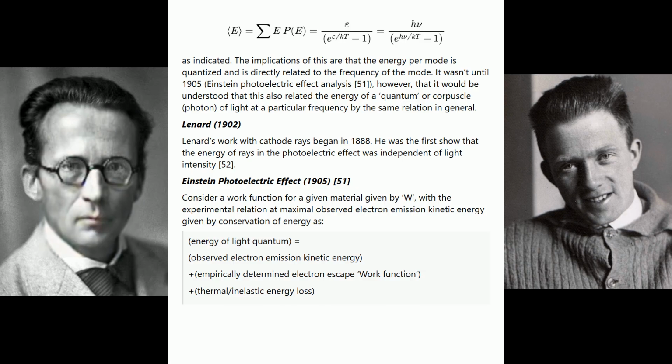51. Consider a work function for a given material given by W, with the experimental relation at maximal observed electron emission kinetic energy, given by conservation of energy as: energy of light quantum equals observed electron emission kinetic energy plus empirically determined electron escape work function plus thermal/inelastic energy loss.